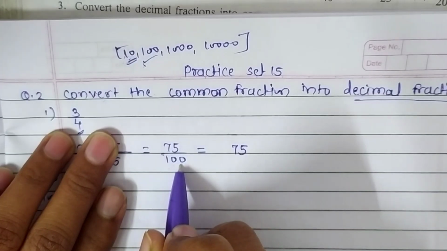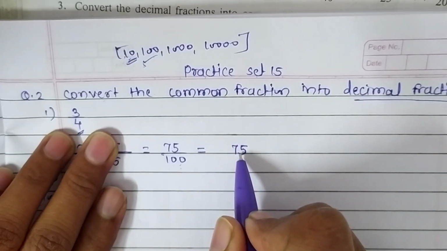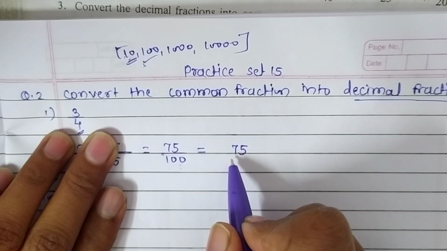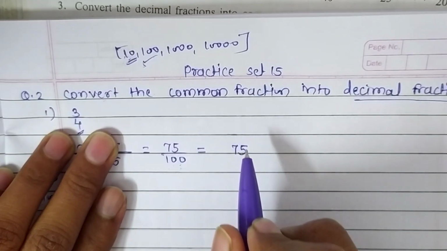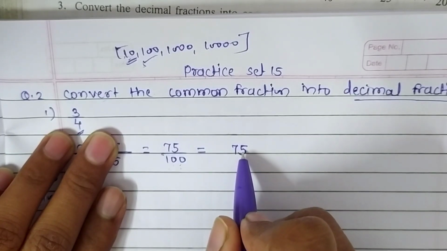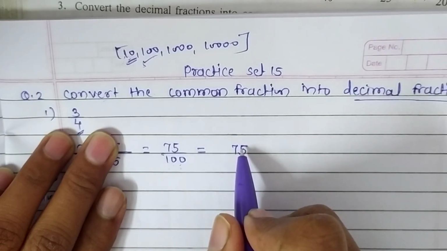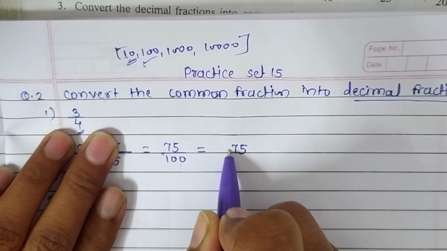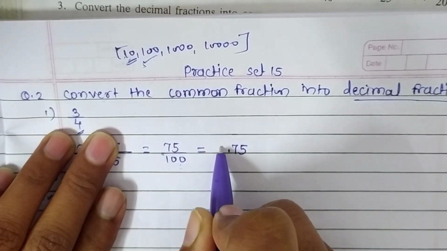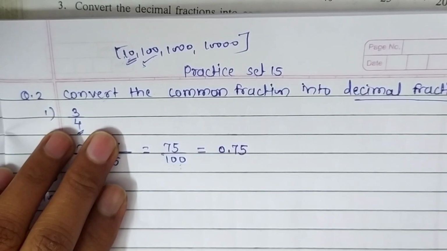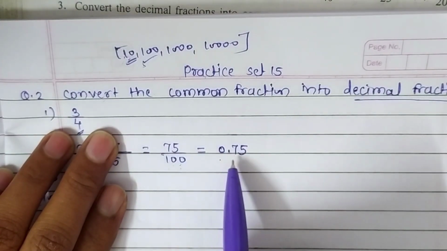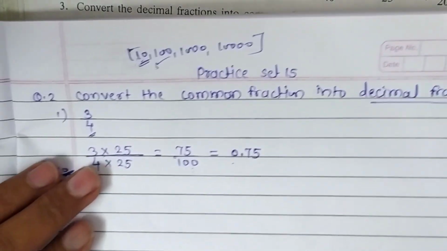It has only 2 zeros. So move left 2 places from your right side. This is my right side, and I moved past 5 and 7. Then I place the decimal point here, and then I write 0. So our decimal fraction is ready for the first question. It is 0.75.